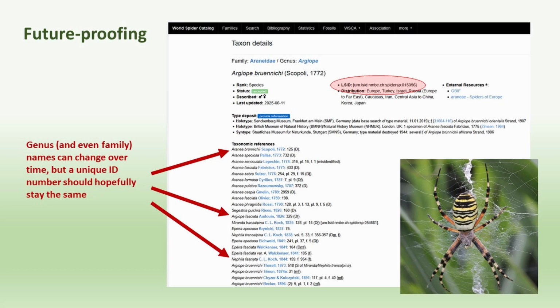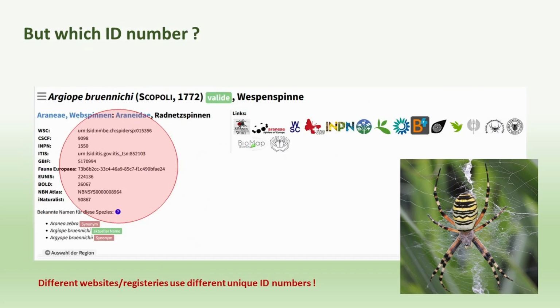A problem, though, that we discovered is which number. It turns out that lots of people have had the same idea, and so lots of different registries and websites and databases have said, hey, that's a great idea, we're going to give all these species a unique number. So again, here's our wasp spider, and there are at least 7 or 8 different numbers that we could use. And of course, we have to decide then, do we use all of them, or do we choose one of them? Theoretically, if you've got one number, you could link it into all the other ones, but this ends up making your database rather large and clumsy.